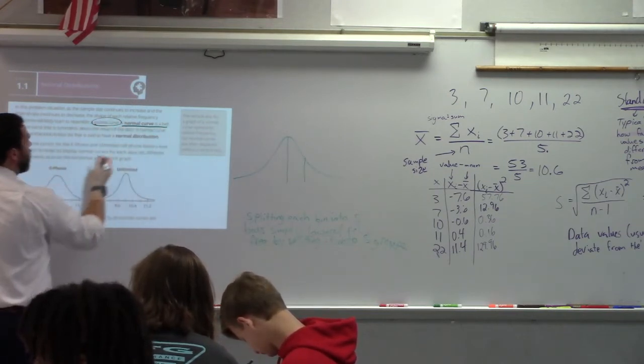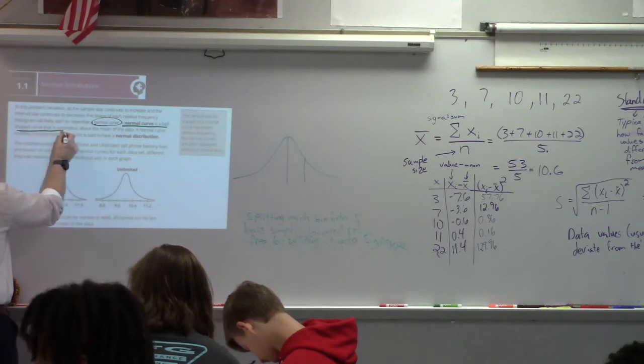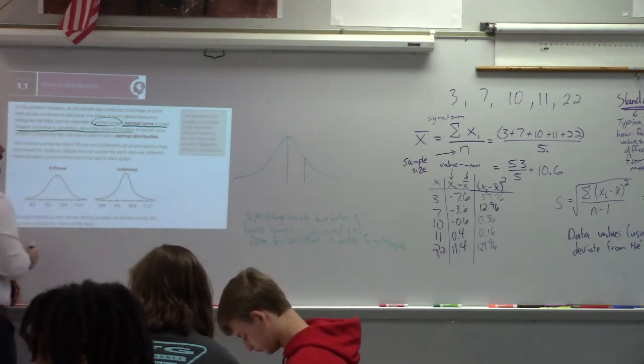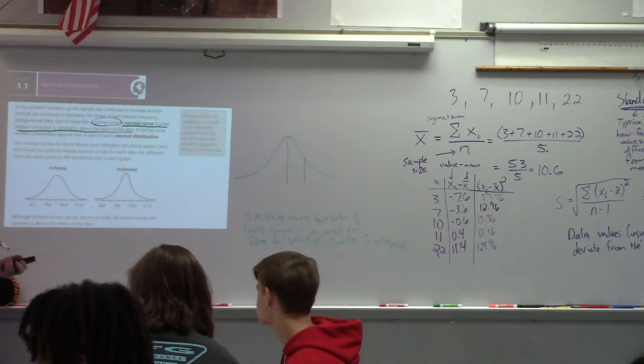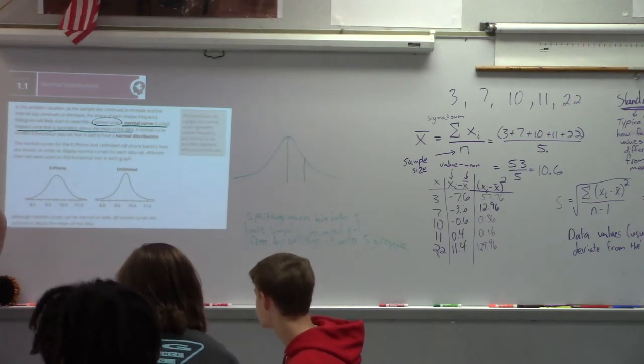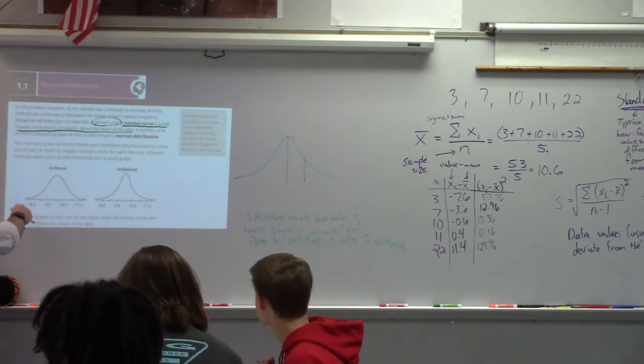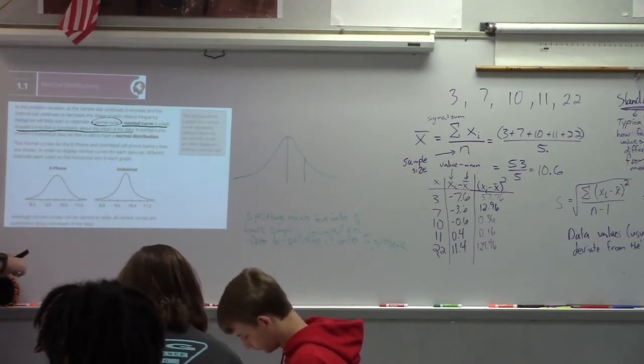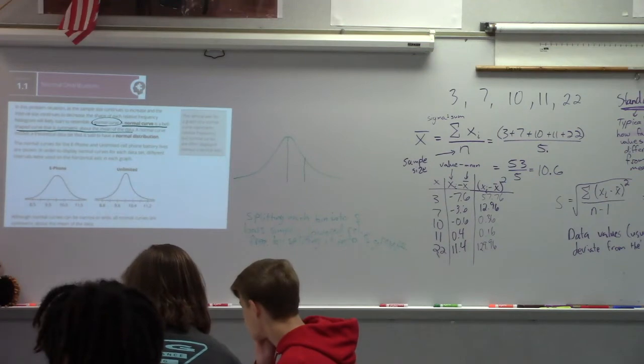All a normal curve is, is a bell-shaped curve that is symmetric about the mean of the data. Why do you think they call this a bell-shaped curve? Because it's like a bell. It literally looks like a bell, right? We're not being fancy with it. If you look at that shape, it kind of looks like a bell, okay? So it's a bell-shaped curve.